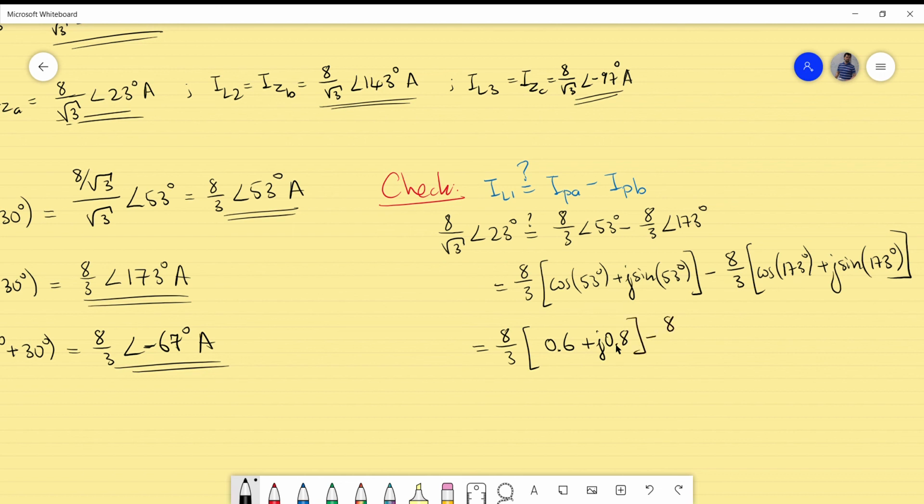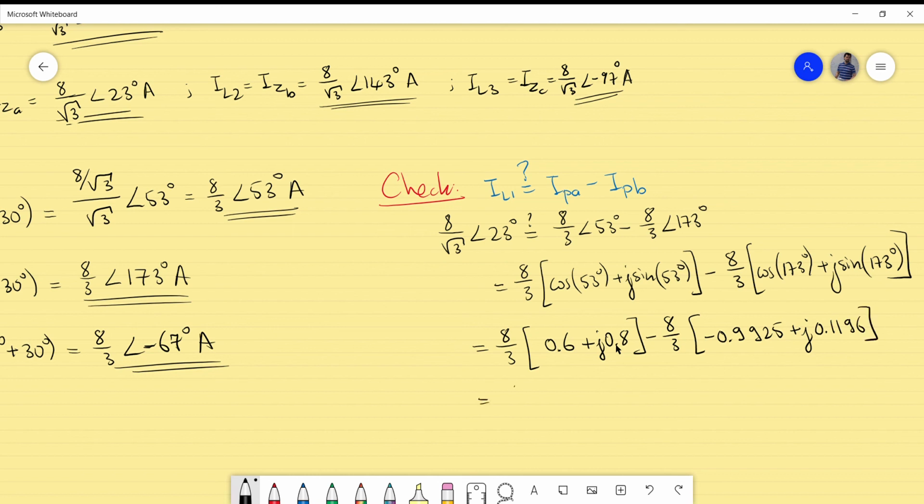Now, the second part, for cosine of 173 degrees, you will have minus 0.9927. I will just make it a little bit accurate. And for the sine part, I will have j 0.1196.